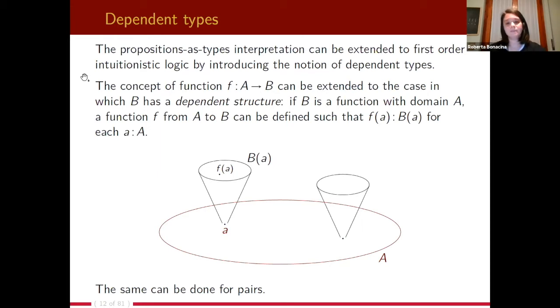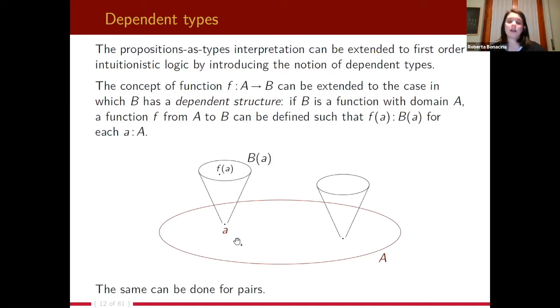So what we have is that the concept of function from A to B can be extended to a more general case, in which the domain of the function is A, but the codomain has a dependent structure.